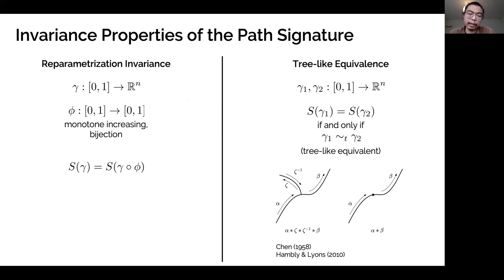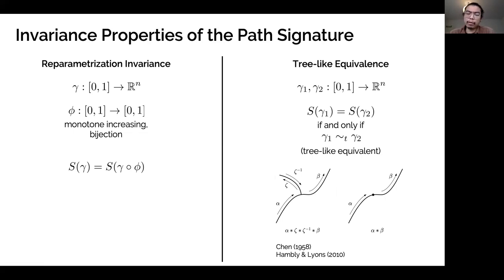And so one way to think about this, in this setting, this is the definition for piecewise smooth paths, is that if we take two paths and they differ by a finite number of retracings, where retracings are just these parts of the path that sort of jut out and then retrace back along itself exactly, then we say that they are tree-like equivalent.